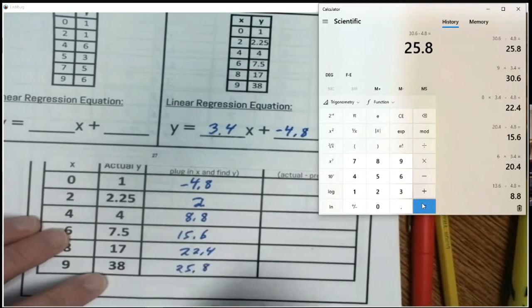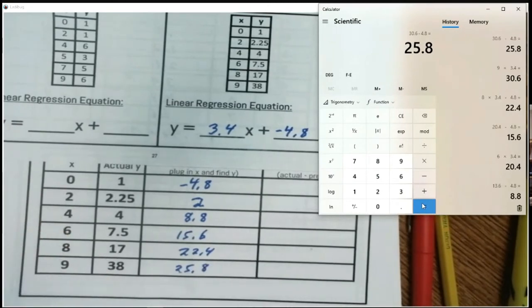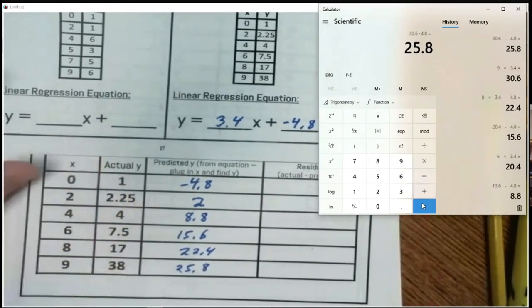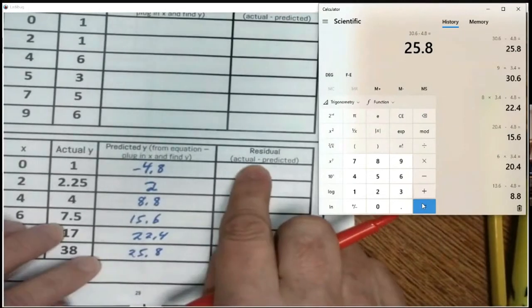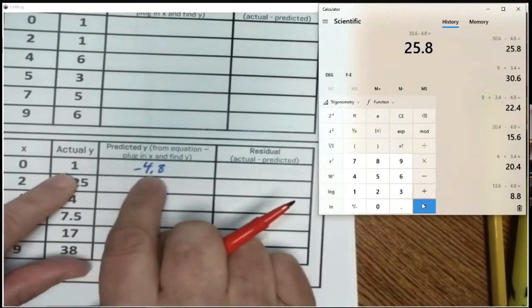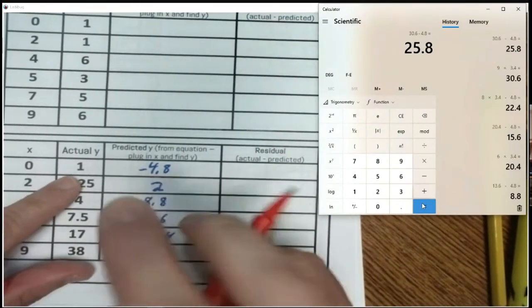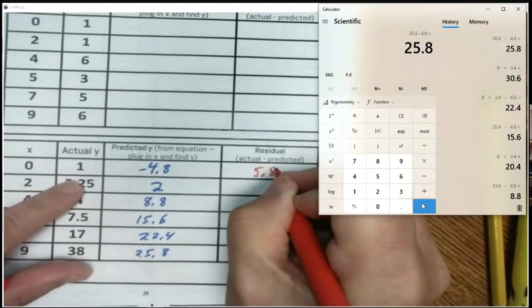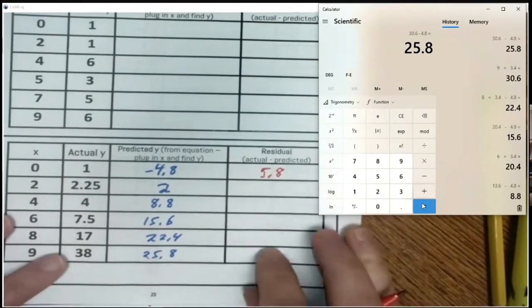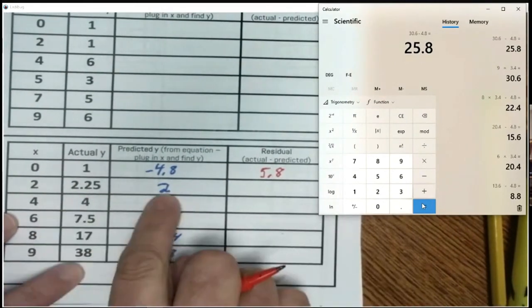25.8. All right, so looking at our residuals using that equation, actual minus predicted, 1 minus a negative, so that means 5.8. 1 minus a negative means we're going to add. 2.25 minus 2.